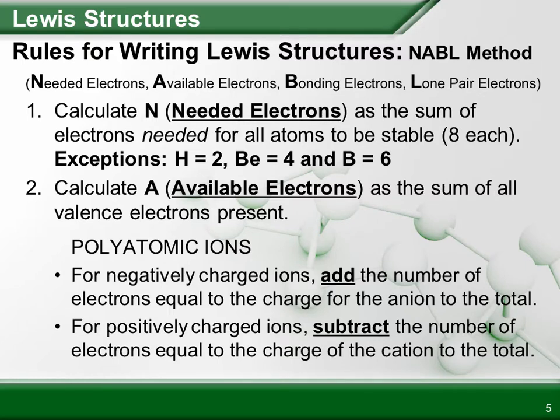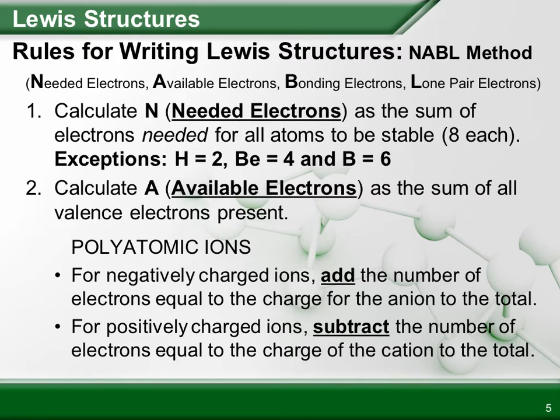So when we calculate N, the needed electrons, it is the sum of the electrons needed for all atoms to be stable. And all atoms will need 8 except hydrogen, beryllium, and boron. On your periodic table, go ahead and write the exceptions: H equals 2, Be equals 4, and B equals 6.